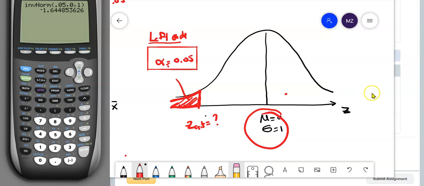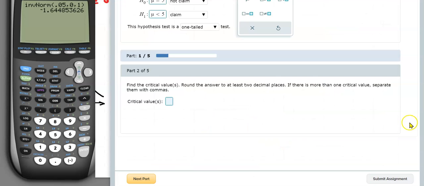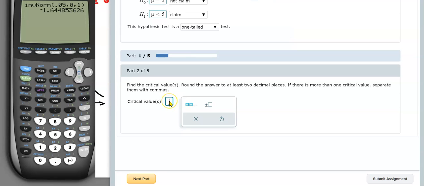And I think you might want to round your answer to 2 decimal places, so you're going to have negative 1.64.